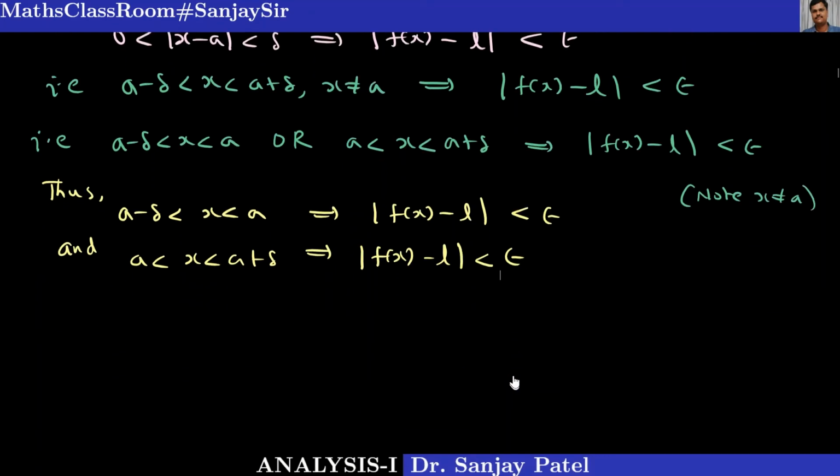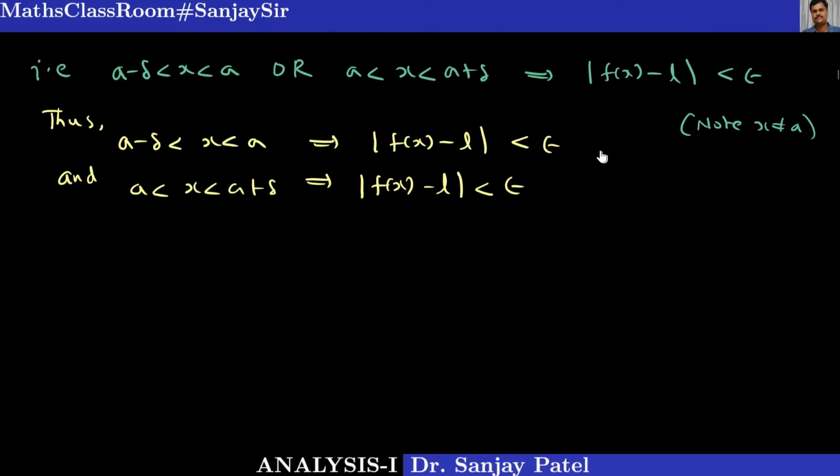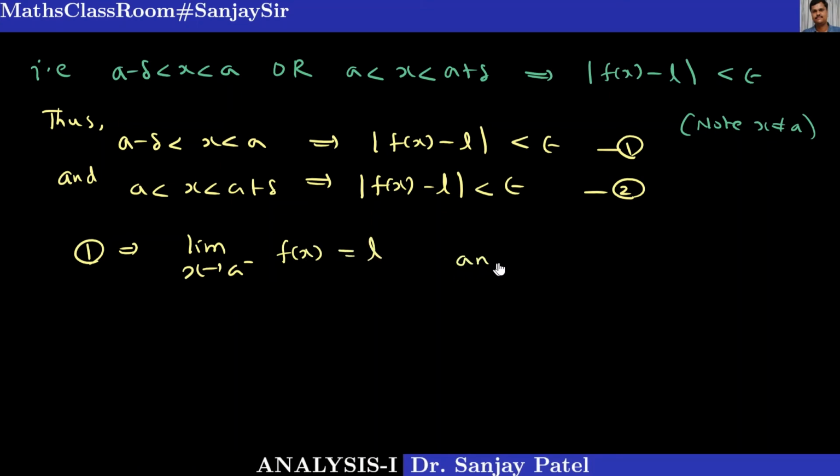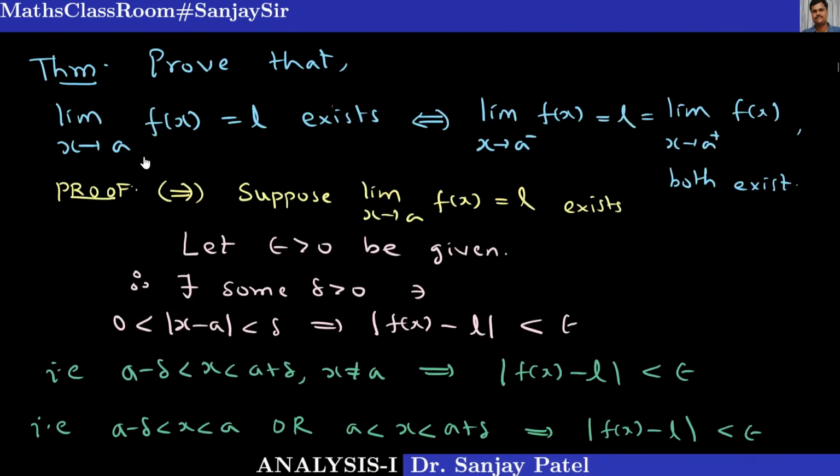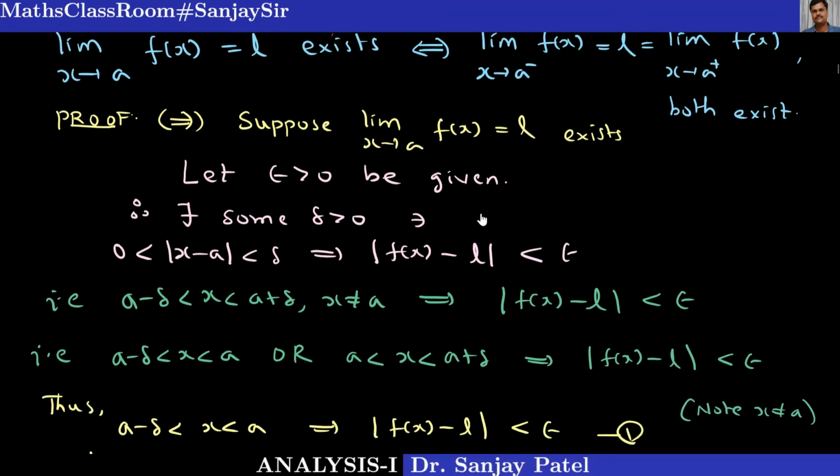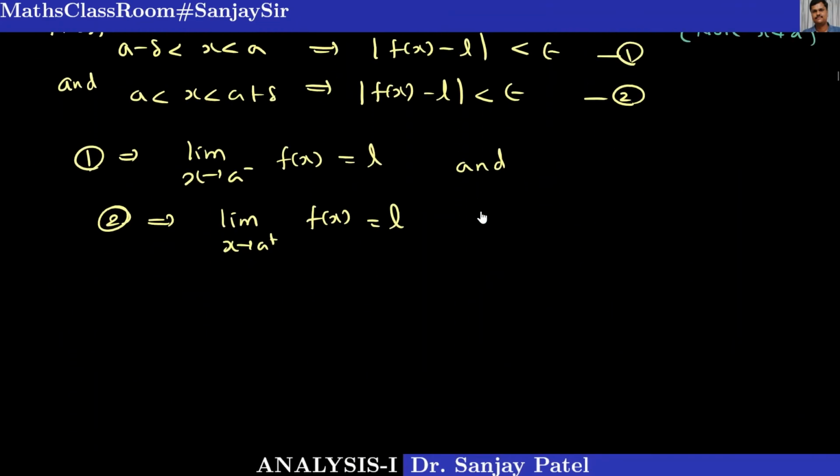So there are two things: number one means limit x tends to a minus f(x) is equal to L, and number two means limit x tends to a plus f(x) is equal to L. So both left and right limit exist and they are equal to L. So one part is done. What I have proved is that if limit of function f(x) is equal to L, then both left and right limit exist and are equal to L. The converse part is more interesting. It's not that straightforward. Let us prove the converse.